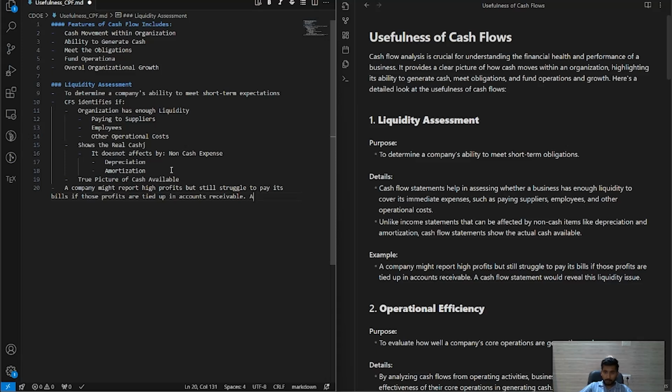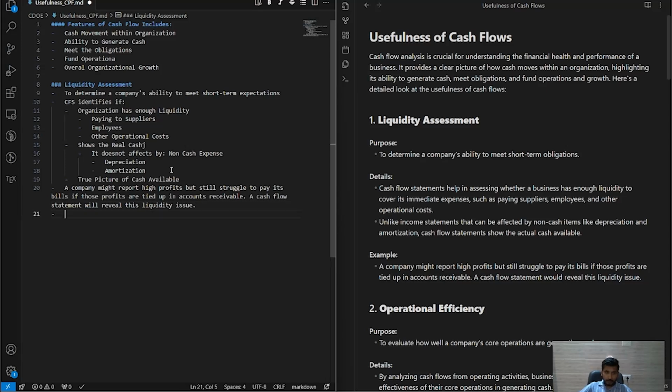A cash flow statement would reveal this liquidity issue.